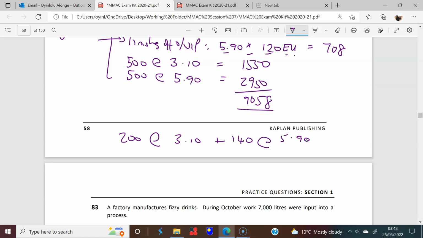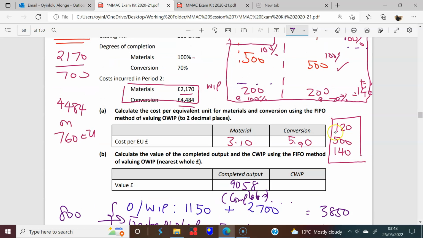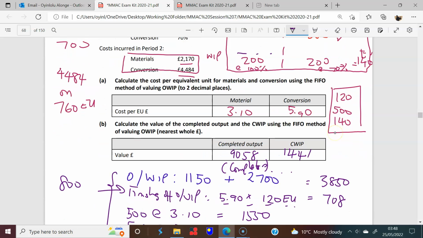Right, and so we can just do that. So that's 200 times £3.10, 620, plus 140 units times £5.90, which is 826, plus 620, which is 1446. So the answer here is 1446.